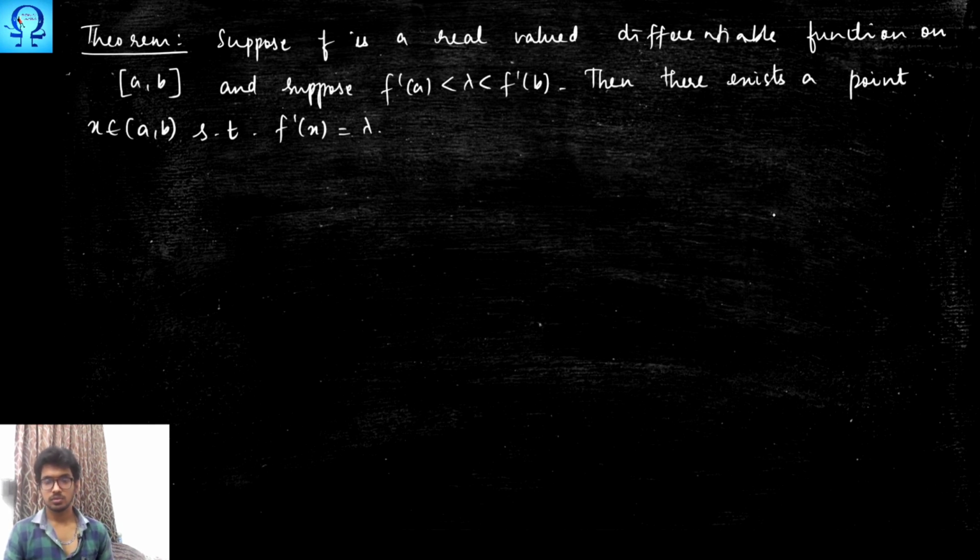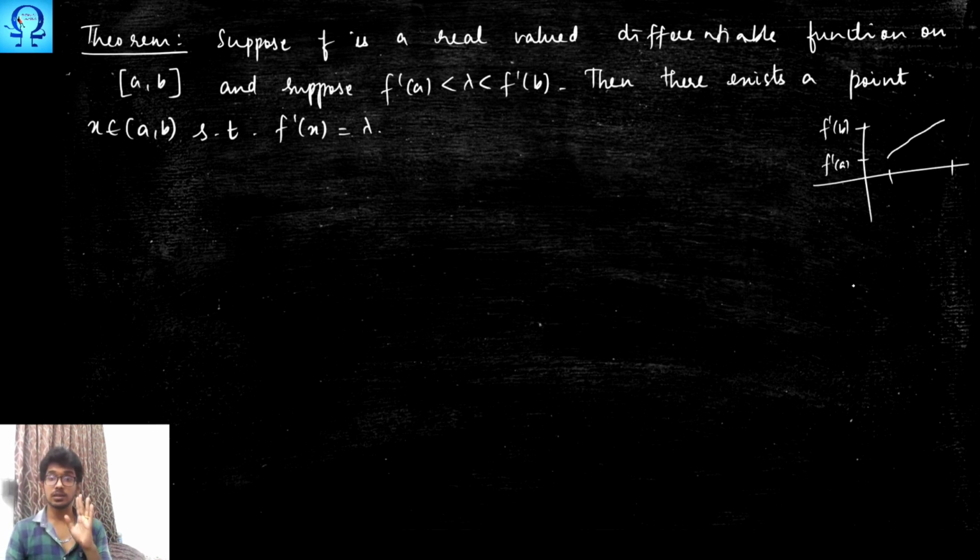So what does this tell us? Without loss of generality, suppose this is f prime of A and this is f prime of B. Somewhere we have A and B, so this function is something like this.